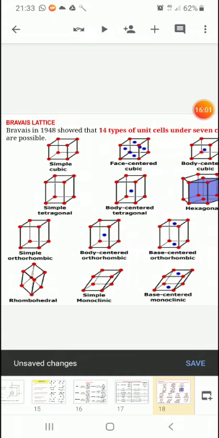Now next one is tetragonal basic system. In tetragonal basic system, there are only two crystal structures.